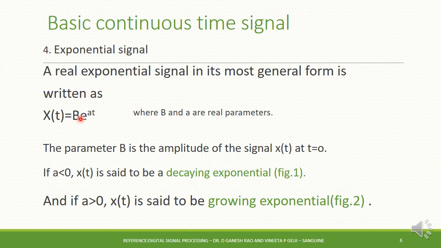X of t is a continuous time signal. If this is expressed as b into e to the power of at, then this is called a basic continuous exponential signal, where b and a are real parameters. Always, the parameter b is the amplitude of the signal x of t at t is equal to 0.